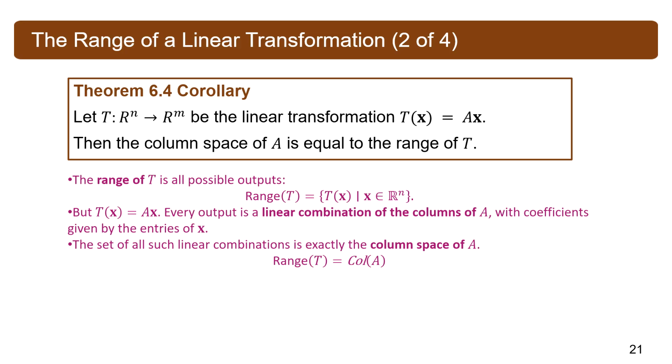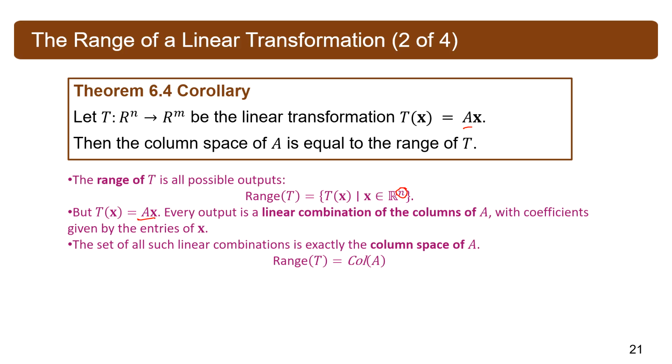Okay. So the number of columns in the matrix. Your n here is actually the number of columns in the matrix A. So since the transformation of vector x is equal to matrix A times x, every output is a linear combination of the columns of A with coefficients given by the entries of x.